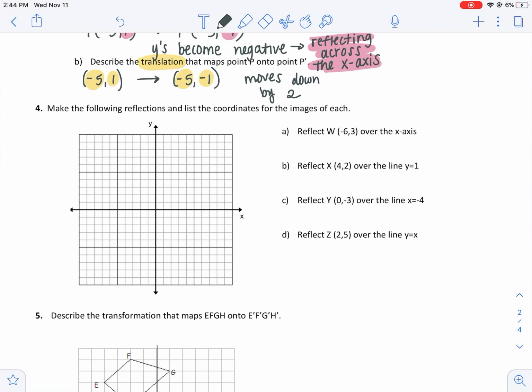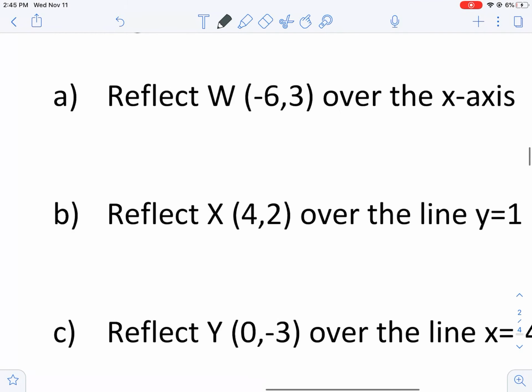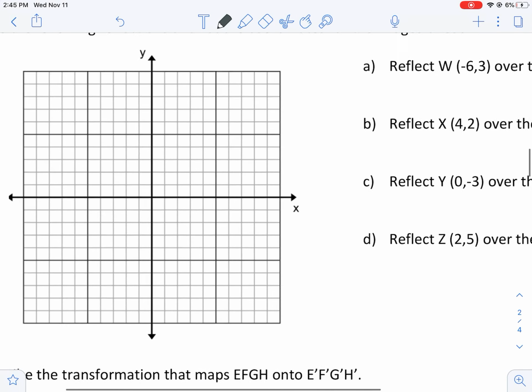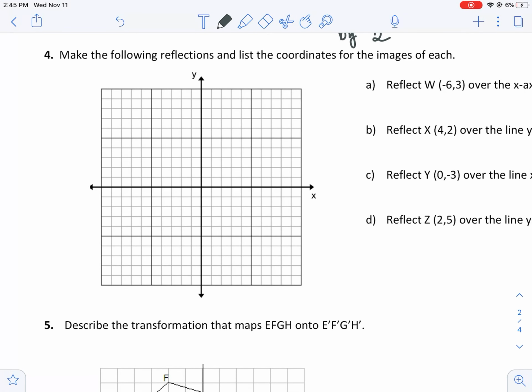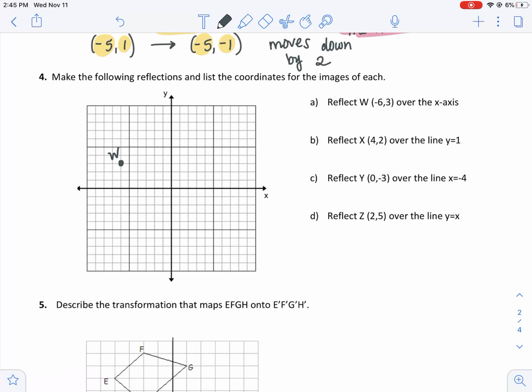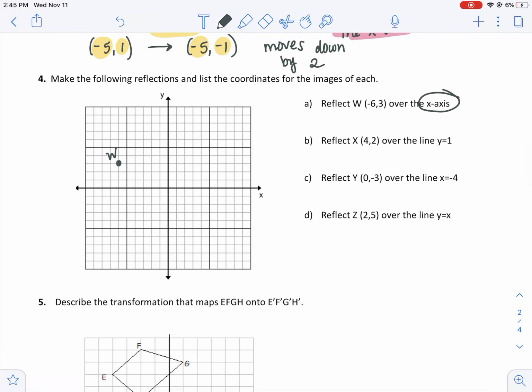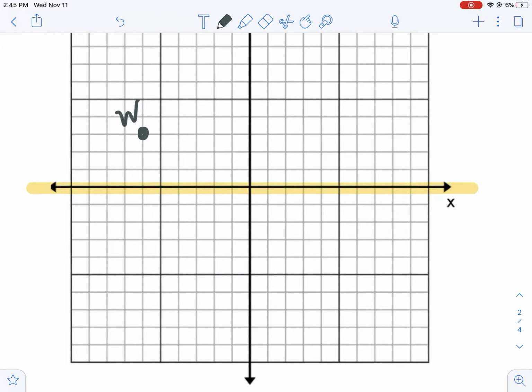All right, let's practice making some reflections. So, I have the point W at (-6, 3). And I want to reflect that over the x-axis. So that's this guy, the horizontal. I'm just looking, and I see W is 3 away from the x-axis.